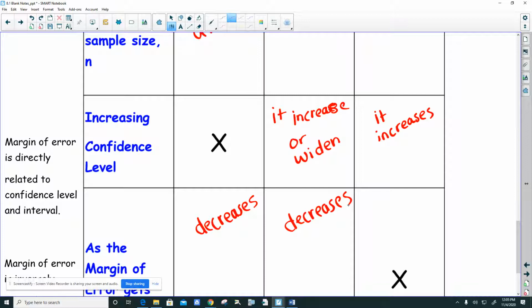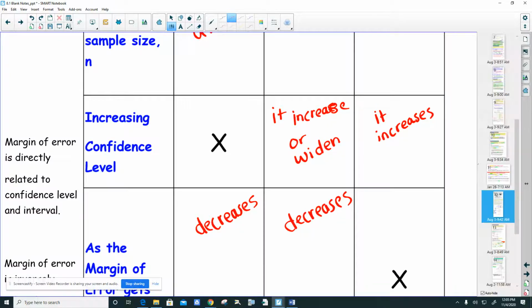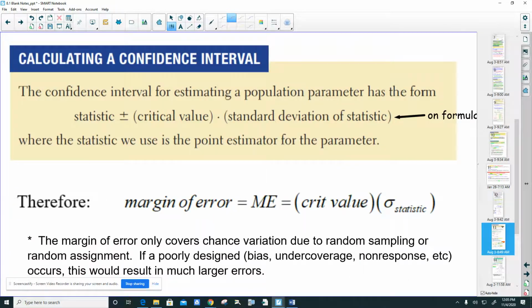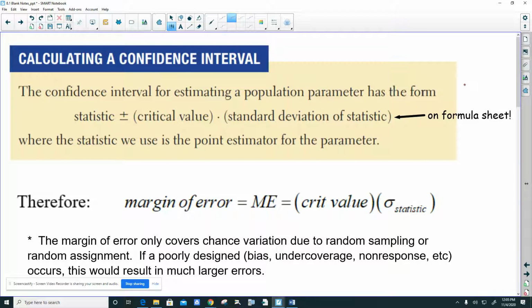So on the next page, here we have a template for how to calculate a confidence interval, and this is actually on the formula sheet. This is where we said the point estimate was before. For us, our point estimates are typically either a sample proportion or a sample mean.